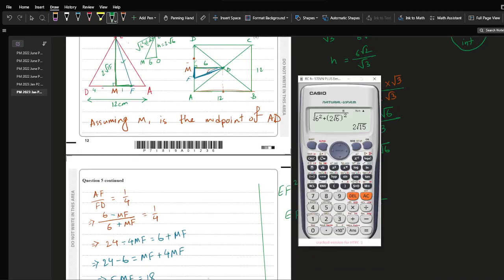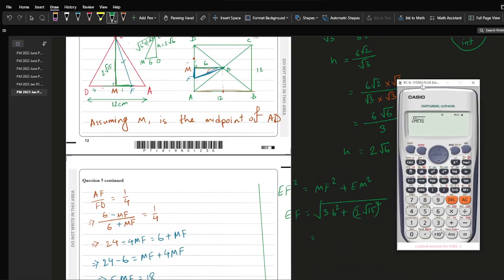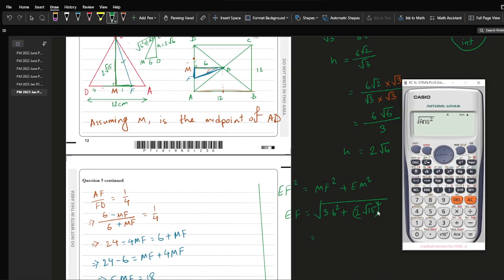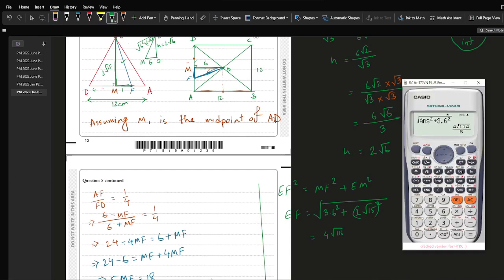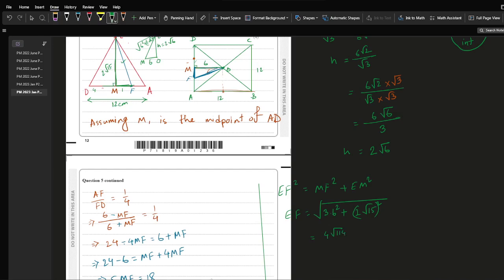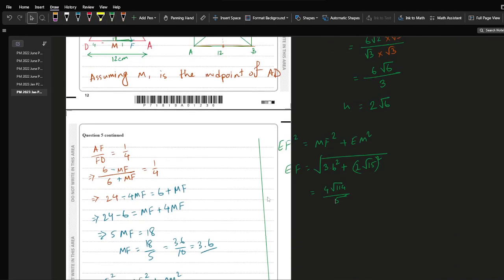So let's take the square root of the answer squared. For me, the answer is 4 root 114 divided by 5. So this is our EF.